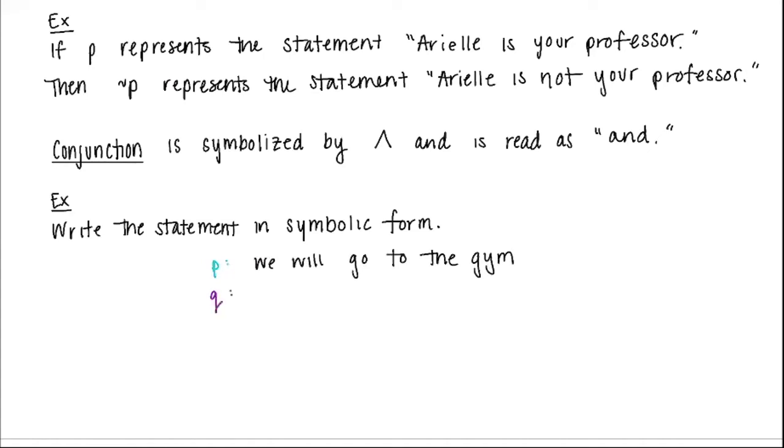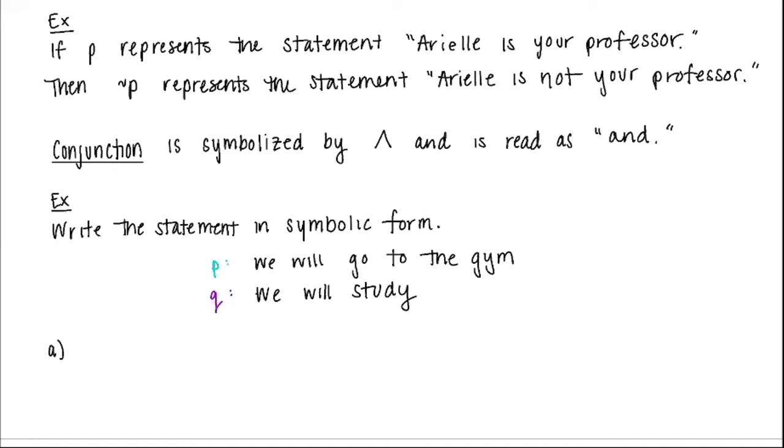Statement Q is going to be the phrase, we will study. And again, these have truth values. Do you know if you're going to the gym right now? No, that's okay. Do you know if you're going to study? No, that's okay too. Right? But they will be declared true or false at some point.